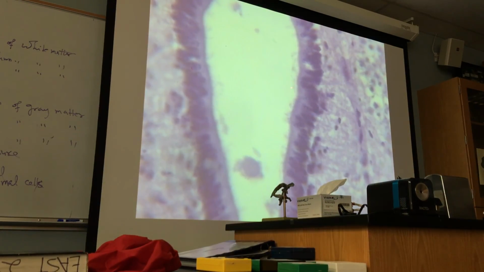Like these are the cilia. Here. These are ependymal cells. They secrete and circulate cerebrospinal fluid. What is this called? Central canal.